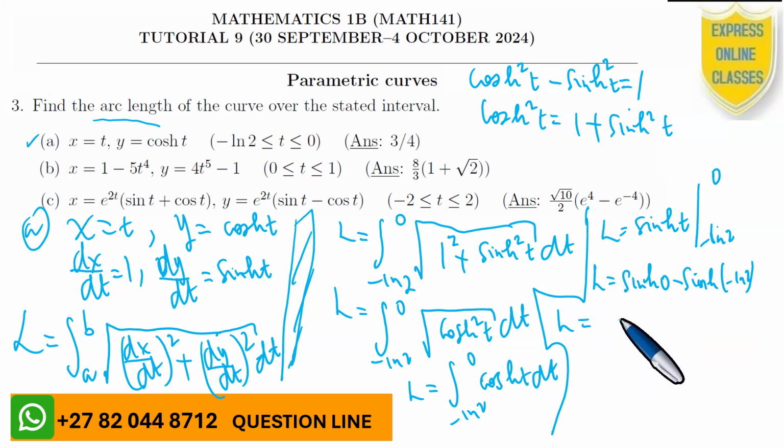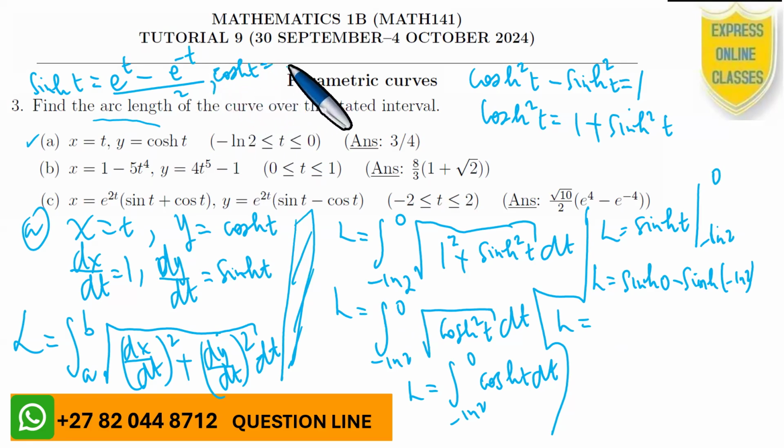Now you have the hyperbolic sine, but the hyperbolic sine of t is e to the t minus e to the minus t, out of 2. In the same way, we need to be aware that the cosh of t is e to the t plus e to the minus t, out of 2.